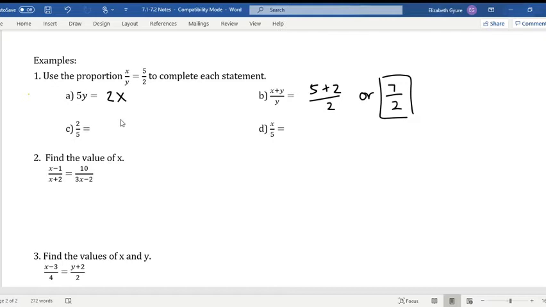Well, right now it's x over y. Yeah, that's okay. It'd be y over x. Exactly, you're just switching those.